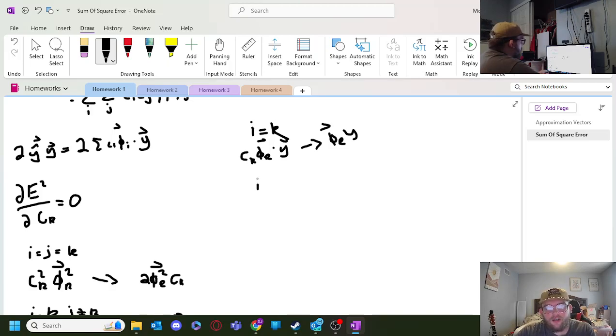And then when i does not equal k, just c_i phi_i, y is again constant with respect to c_k, so therefore it's just 0. So this is the only term we got to worry about for this one.